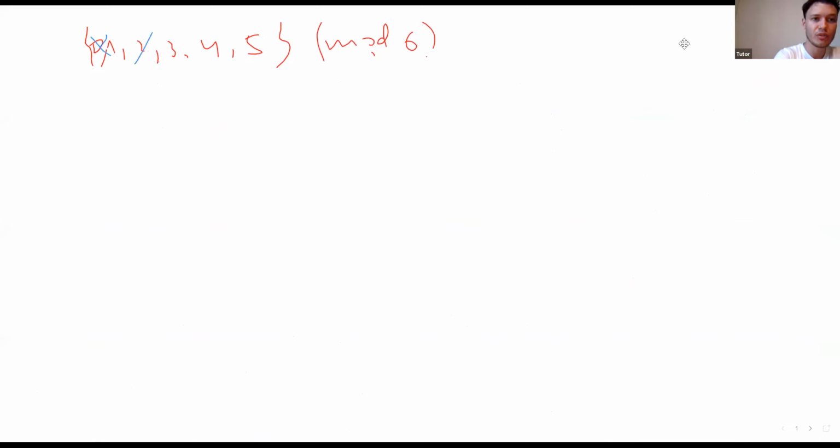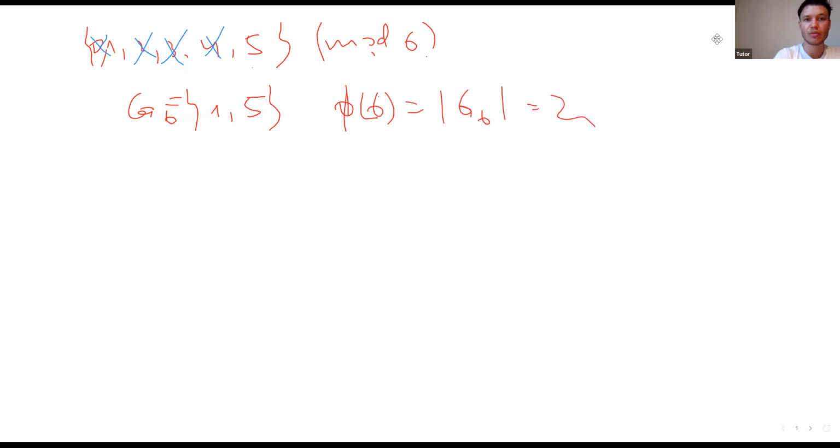Well, 0 is bad, 2 is bad, 3 is bad, 4 is bad. So for 6, G6, the good remainders mod 6, is just going to be 1 and 5. So phi of 6, which is equal to the size of the set G6, is going to be equal to 2, right? Only two numbers, 1 and 5.